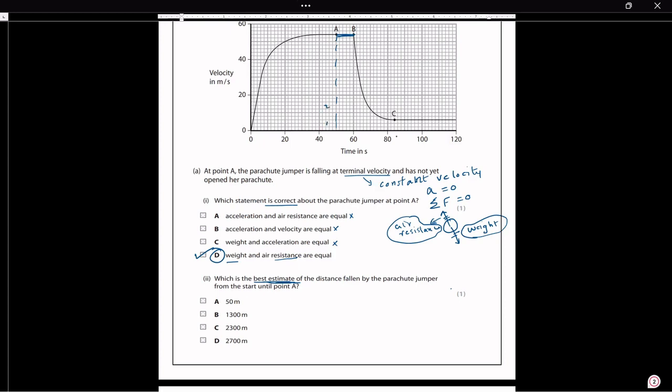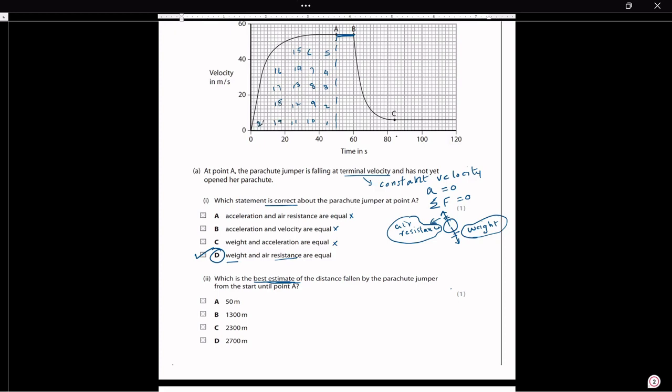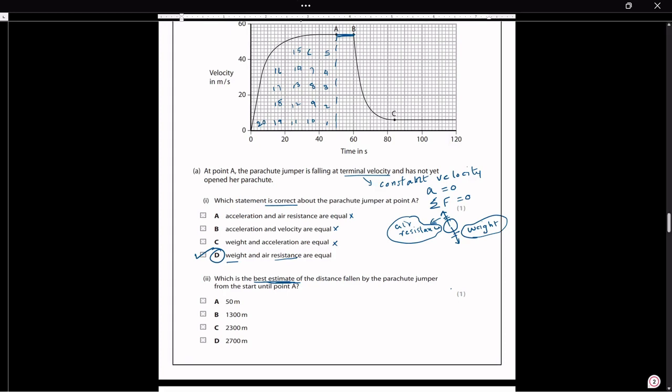1, 2, 3, 4, 5 full squares, 6, 7, 8, 9, 10, then 11, 12, 13, 14, 15, 16, 17, 18, 19, and this one with a small part from here, we can say 20.